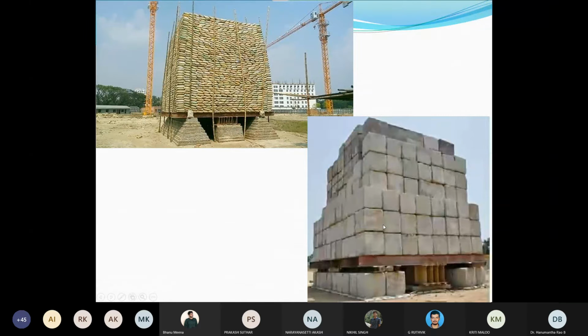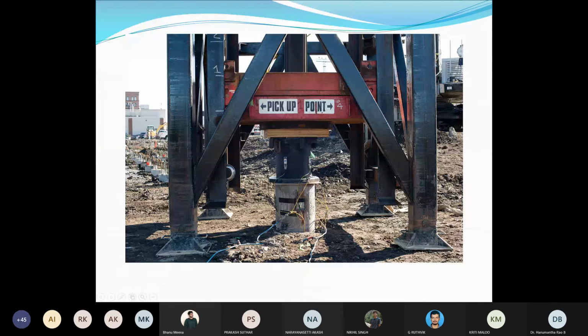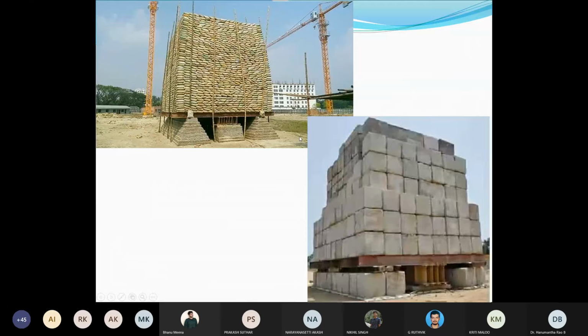These are the typical systems normally used in India, while in European or American countries they usually use this automated jack system or some other system. This is dead weight maintained by sandbags or dead weight on top of the pile foundation, by concrete blocks.